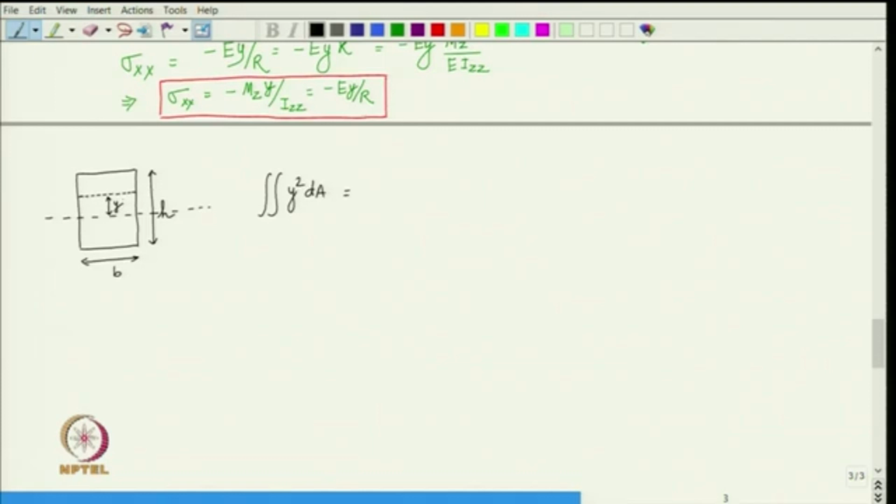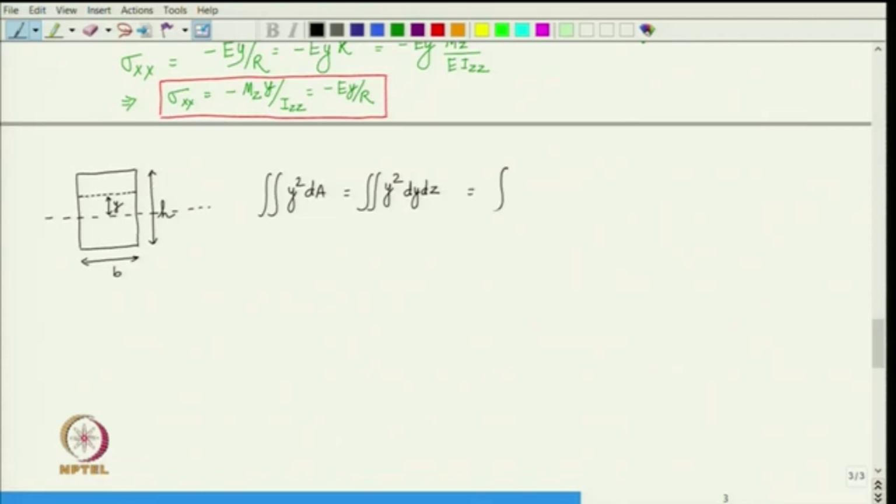So, we could also write this as integration over y square, and dA is dy dz, correct. The integrand, you see, is only a function of y, it is not a function of z. So, we can simply carry out the z integral.